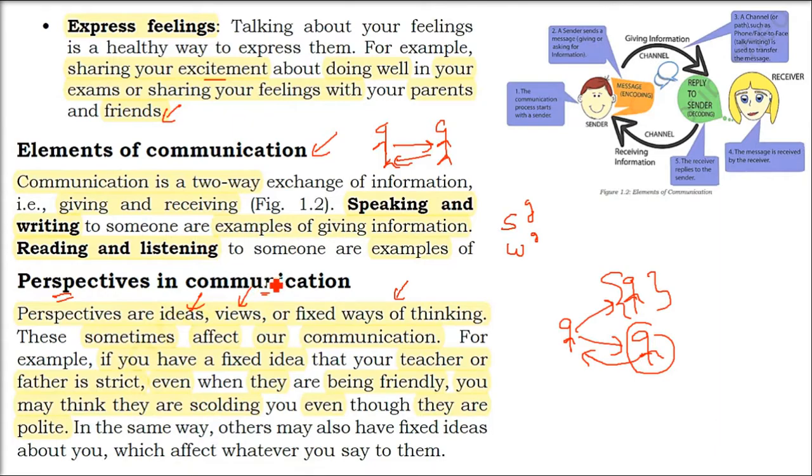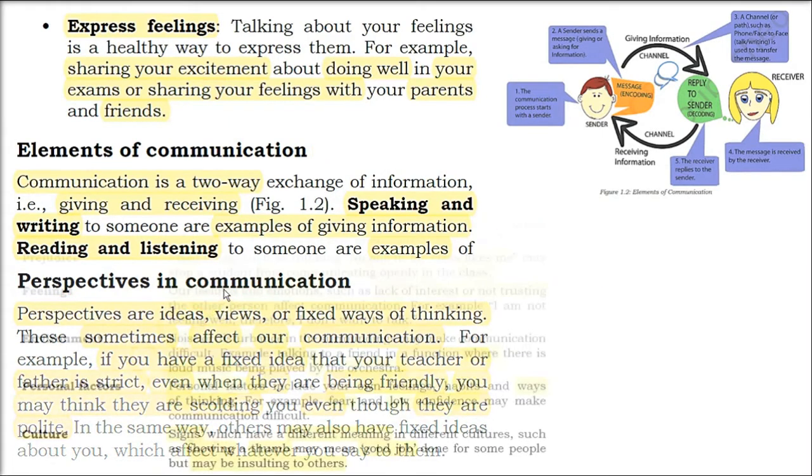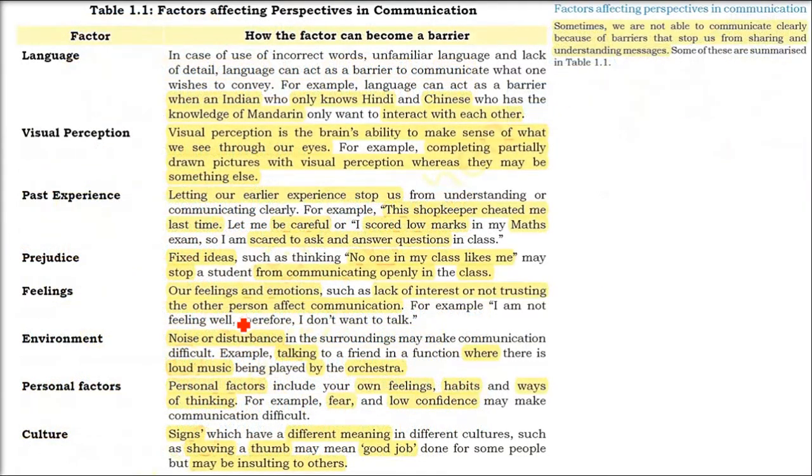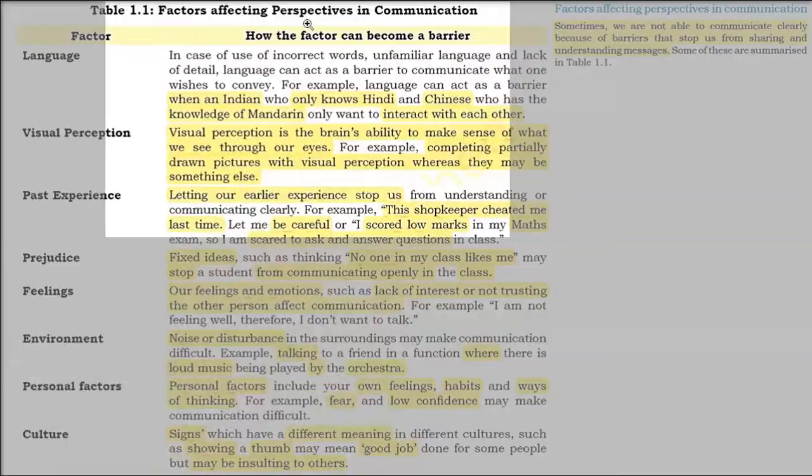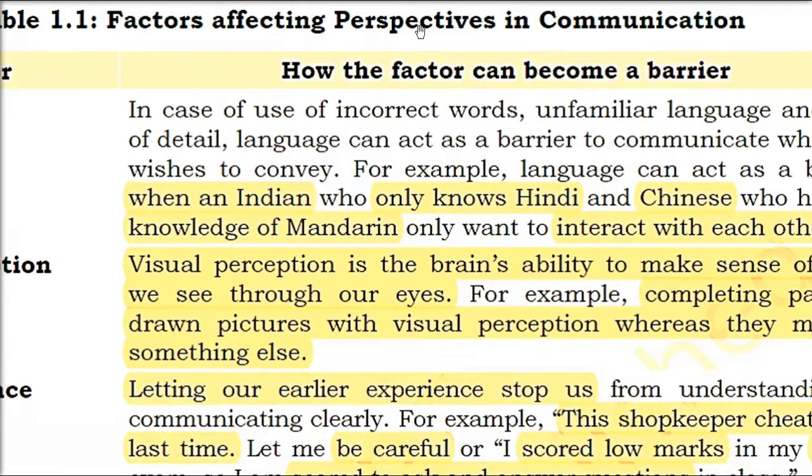So as I was saying, perspective should not be there in communication. Always communicate in a free manner, a clean manner, a clear manner, as if you are talking for the first time. The factors affecting perspectives in communication are how these perspectives become a barrier in communication. If you always have a thing in your mind, then you don't talk properly the way you should in a free world.